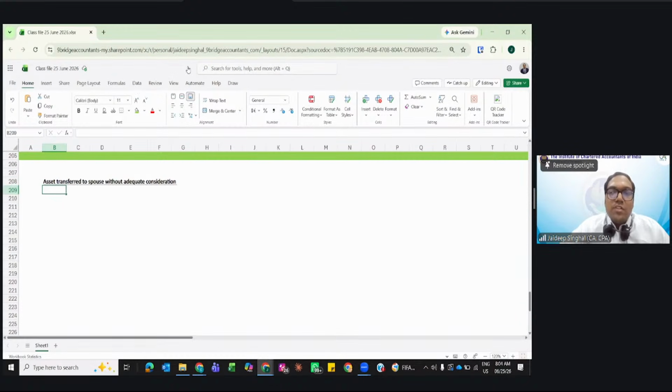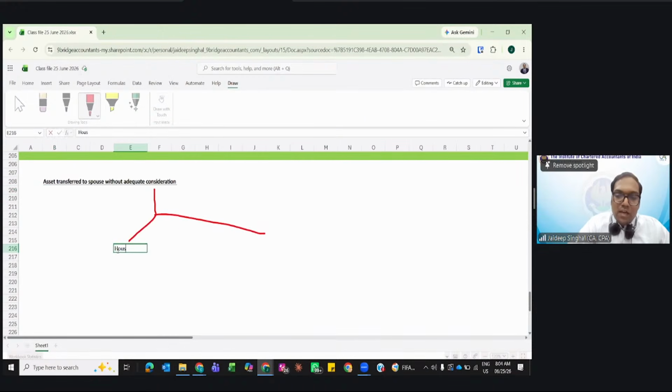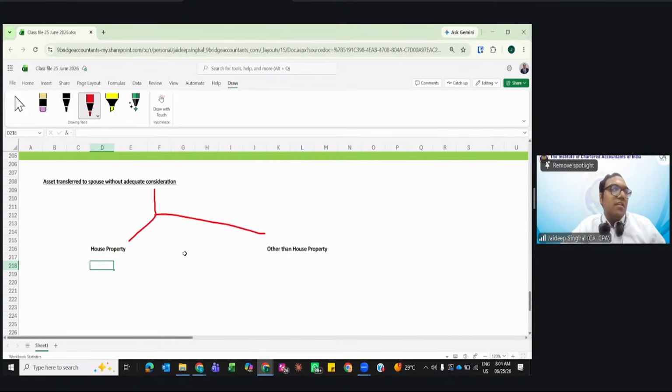If an asset is transferred to the spouse without adequate consideration, let's make a chart. If the asset is house property, or if it is other than house property. If the asset is transferred without adequate consideration, will clubbing apply to the spouse in case of house property?